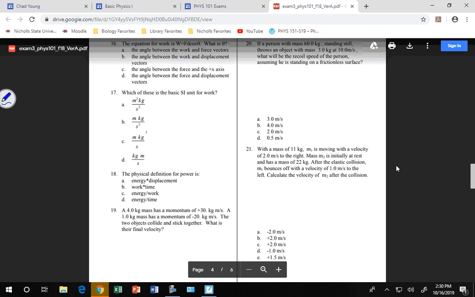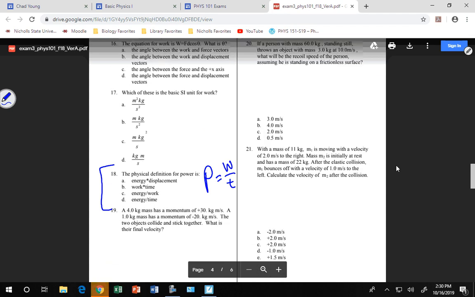You need to know power. That's just a definition. In fact, it's on your equation sheet. It says power is work divided by time, or I think it says energy over time on your equation sheet. Just be familiar with your equation sheet. I would print it out, keep it in a familiar place, post it on your cupboard or wherever you put things that you look at a lot.